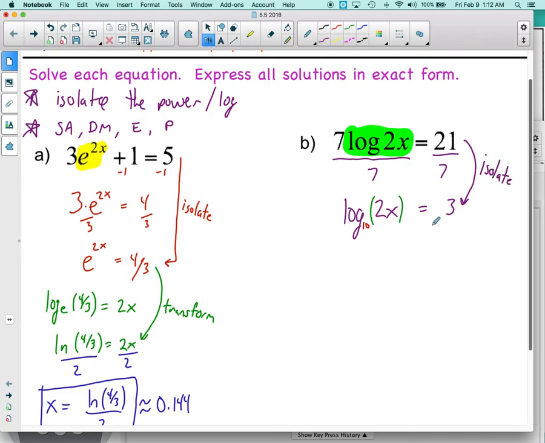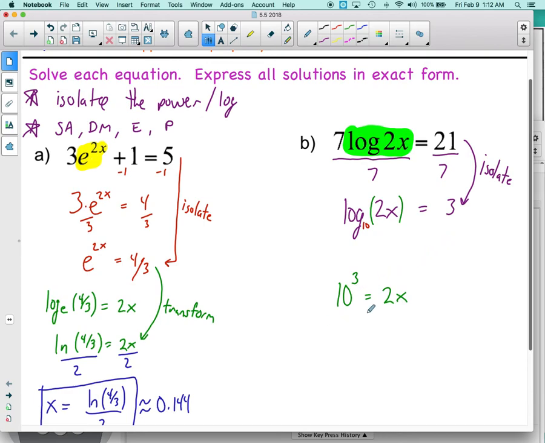And then just like the last one, we go from isolation to transformation. So how do we solve this? We go to an exponential equation. The base of our log is important, which is base 10. And then the answer is the exponent, so this is 10 cubed. And then the argument becomes the answer. So 10 cubed equals 2x.